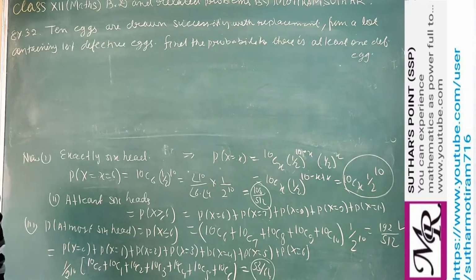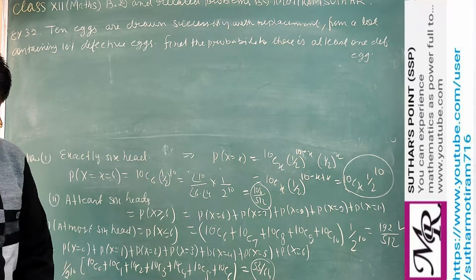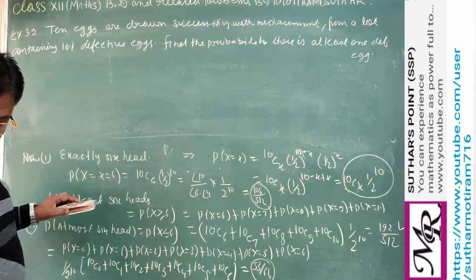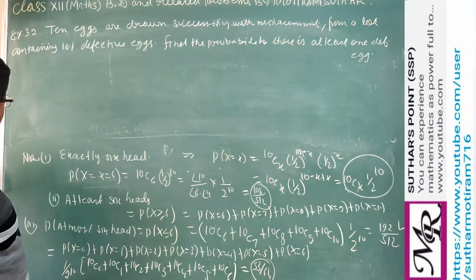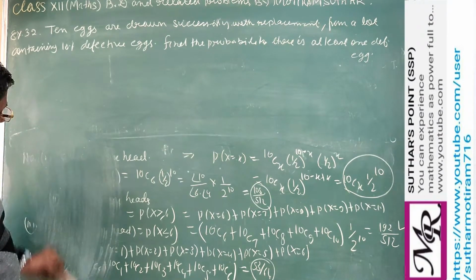So this terminology, dear student, is very important. You have to find the probability that there is at least one defective egg. That you have to see.